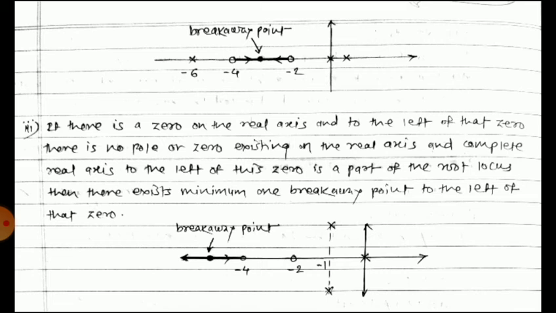If there is a zero on a real axis and to the left of that zero there is no pole or zero on the real axis, and the complete real axis to the left of this zero is a part of the root locus, then there exists a minimum of one breakaway point to the left of that zero. That is shown at the bottom. So this is the general prediction to find the breakaway point.